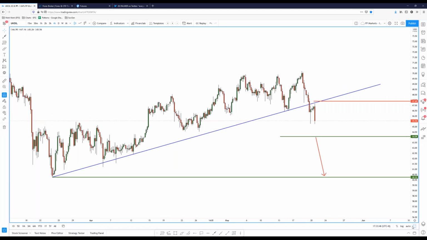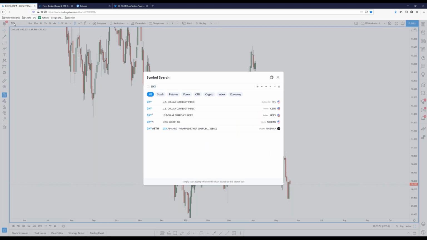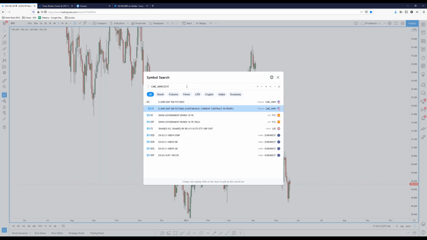Okay, so let's take a first look at the S&P. Like I said, I don't like to look at the S&P based on the outright index itself. I like to look at the E-minis. The ticker code on TradingView is ES1, which means the current traded contract is in front.